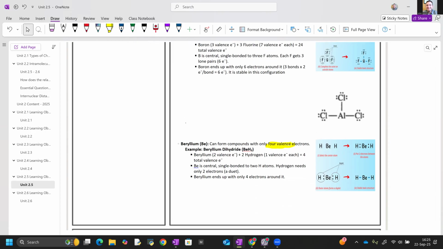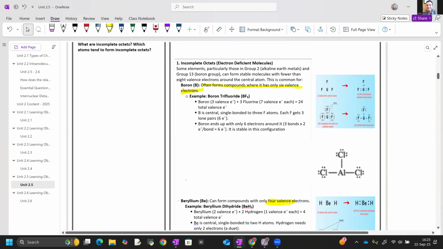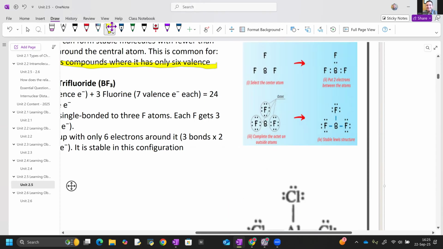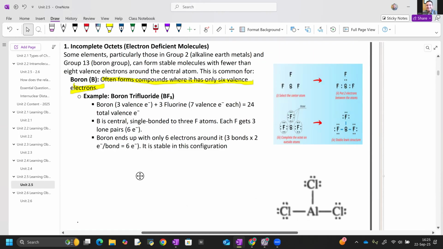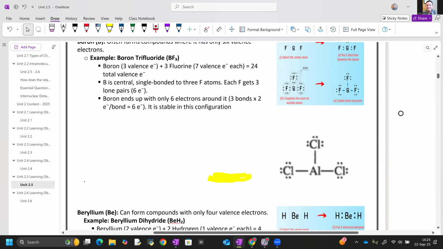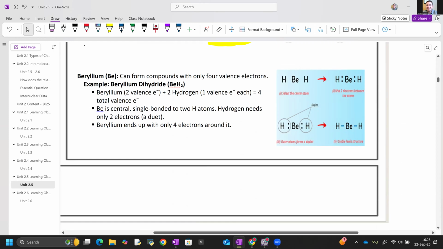If we look through these, we see that boron in this example has only 6 valence electrons around it, and it has the correct number of electrons for BF3. The same thing with aluminum chloride there. Same thing with beryllium.